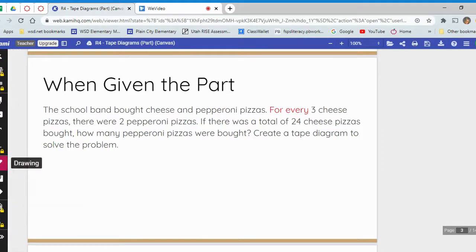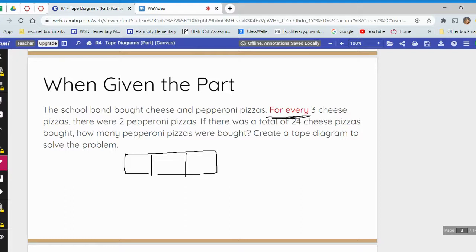So our tape diagram is drawn based on the ratio that they give us. So we know "for every" signifies we're going to have a ratio. So for every 3 cheese pizzas, there's 2 pepperoni. So we're going to draw 3 bars.